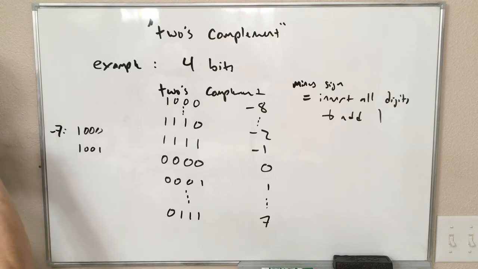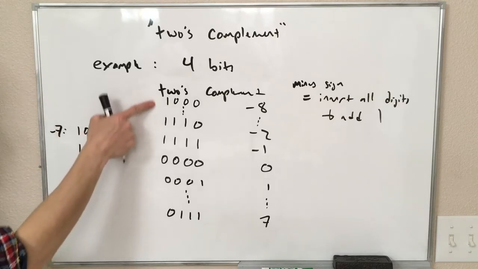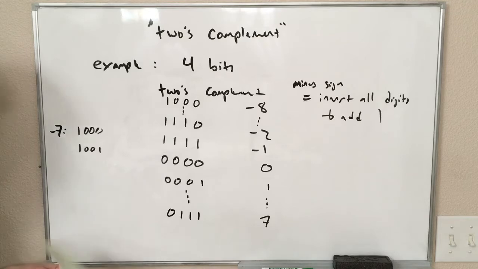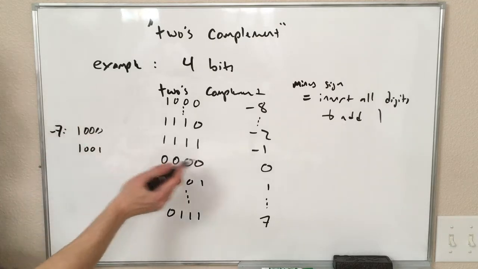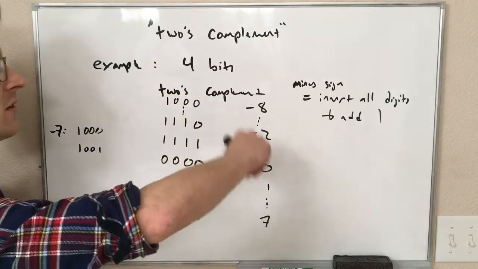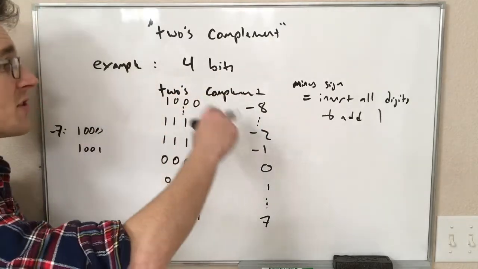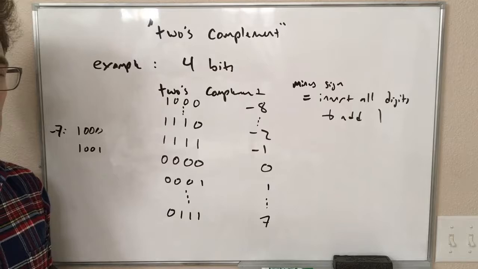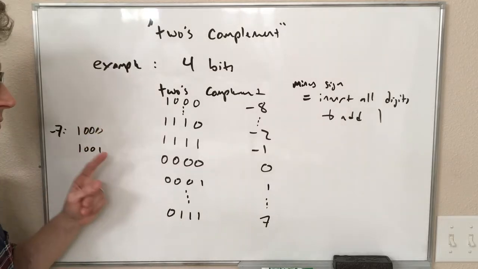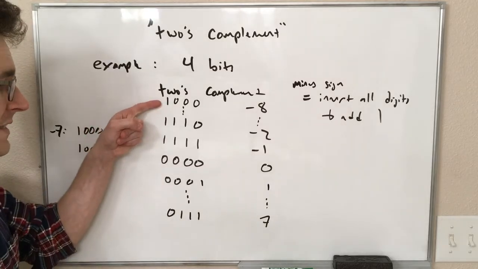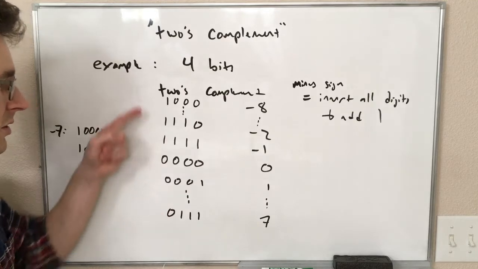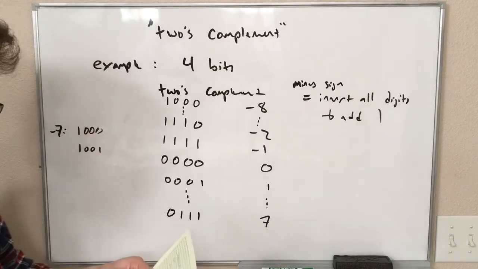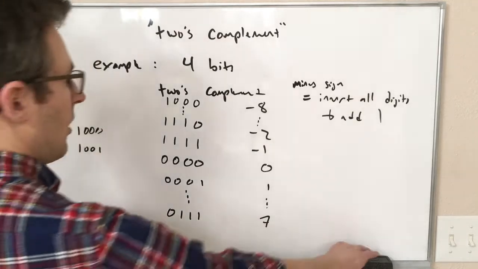So that is what minus 7 would be, and you can see how it would fit into this pattern. There are still 16 different states of this number. It's just that instead of representing 0 to 15, they represent minus 8 to 7, which, sometimes we want negative numbers, so that's a useful thing to be able to do.